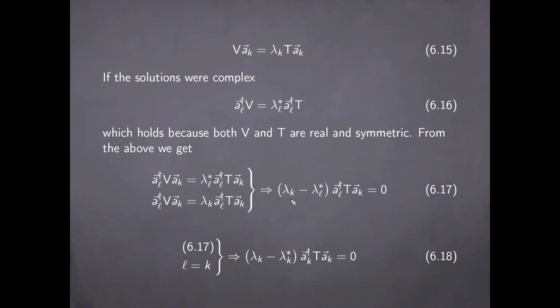And if we now impose that the two indices are equal, we get this equation. And we see that it holds immediately for real eigenvalues, but we would like first and foremost to show the reality of the number obtained by the contraction of the operator t with these eigenvectors.